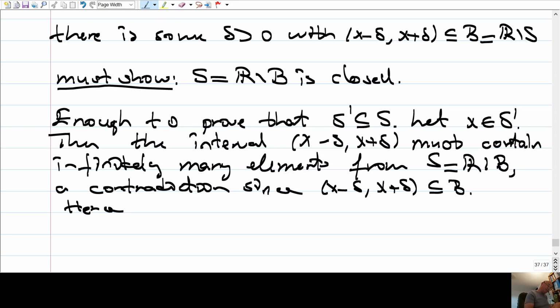And so why a contradiction? Oh, if it were. Okay. I need to say it this way. If x is in S, then the interval, right?